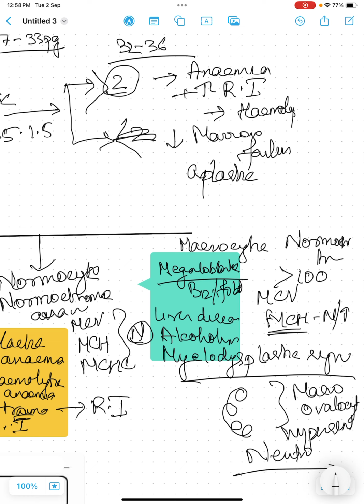So this is about the different types based on morphology. In the next part we will discuss the etiological classification, because based on the causes we can also classify it.